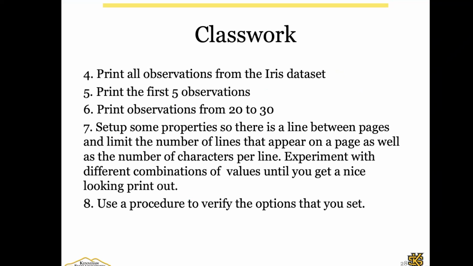The second one, print the first five observations. The fifth one, print observations from 20 to 30. And then set up some properties so there is a line between the pages, and limit the number of lines that appear on a page as well as the number of characters per line. Experiment with different combinations of values until you get a nice looking printout.